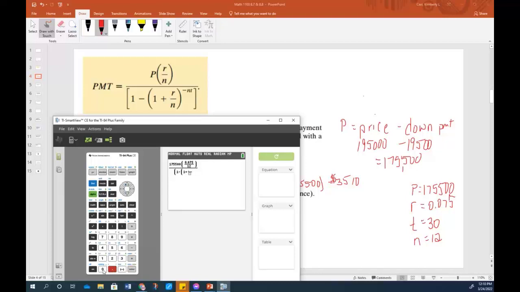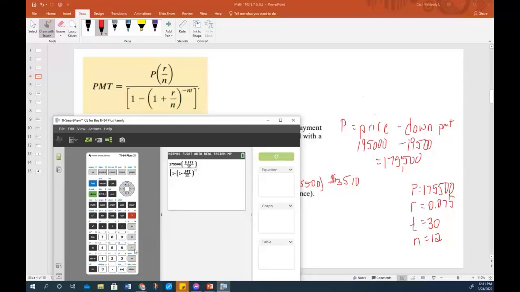and then I have again my 0.075. I didn't put my leading zero on it, but it's actually the same thing, of course. So 0.075 over 12. Behind that fraction, close parentheses, raised to the negative. Now, on your calculator, make sure you use this one, and it's down here in parentheses for negative.